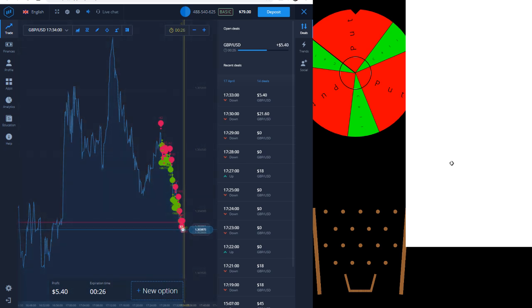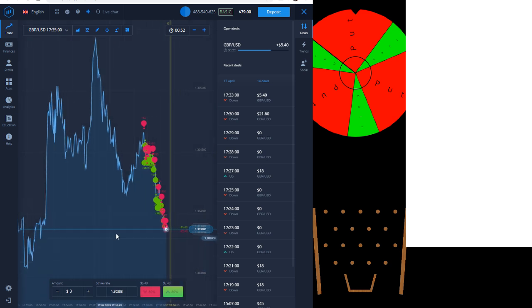You can never tell which way the ticker is going. I thought I'll just have the wheel, might as well.